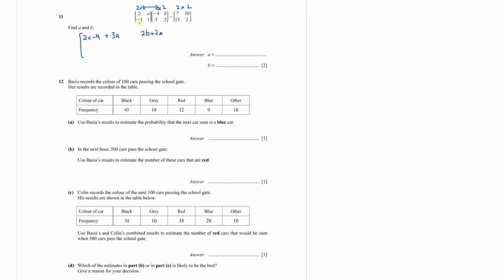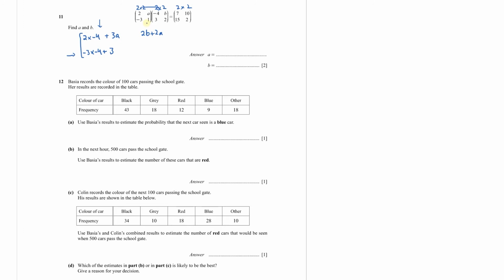Then multiply the second row with the first column, and you get minus 3 times minus 4 plus 3 times 1, which is 3. This is the value in the second row, first column of the resultant matrix.